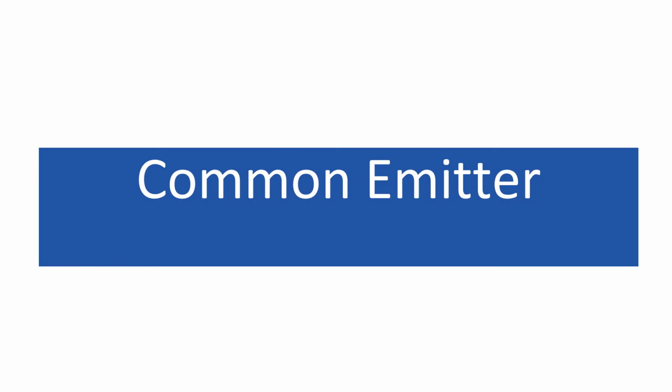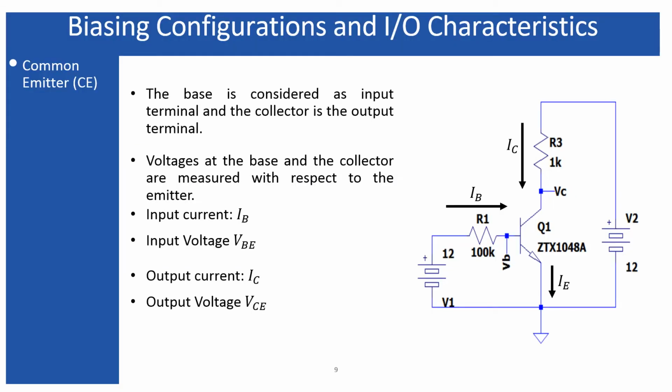Next is common emitter. This is the configuration of common emitter, where the emitter is now connected to the common reference point. In this case, it is connected to ground, and all other potentials are measured with respect to the emitter, both the base. So VB, I have denoted over here, means base to emitter voltage.